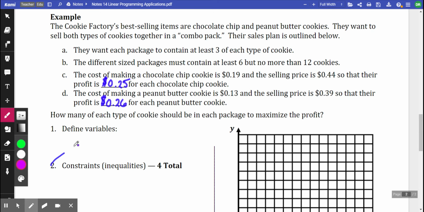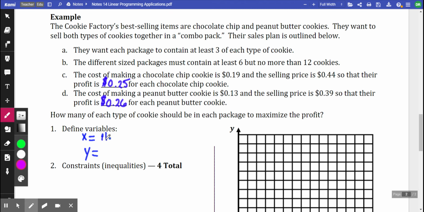So we're going to be making a graph here. And because of that, we'll use the letters X and Y for our variables. So let's use X and Y here, and it doesn't matter which type of cookie you use for which variable. Let's just decide to use chocolate chip with our X variable. What we don't know is how many chocolate chip cookies we'll use.